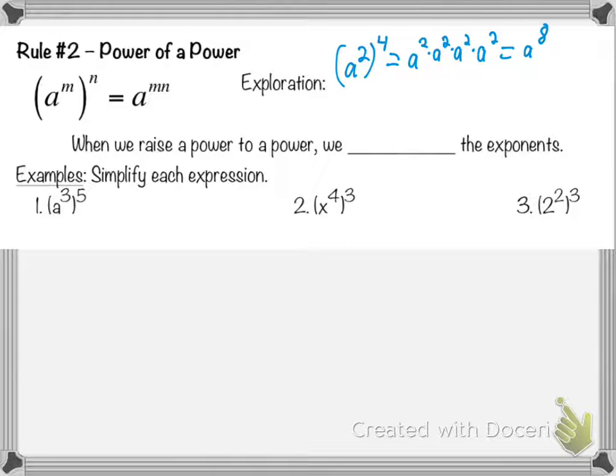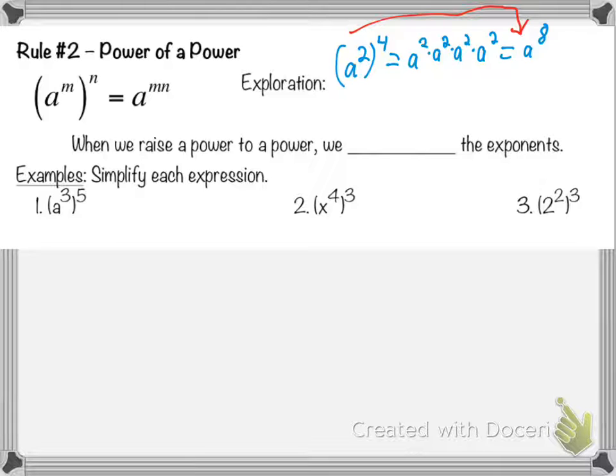And we say, okay, if we were to have gone straight from the first part to this third part, what would we have done with this exponent of 2 and the exponent of 4 to get 8?